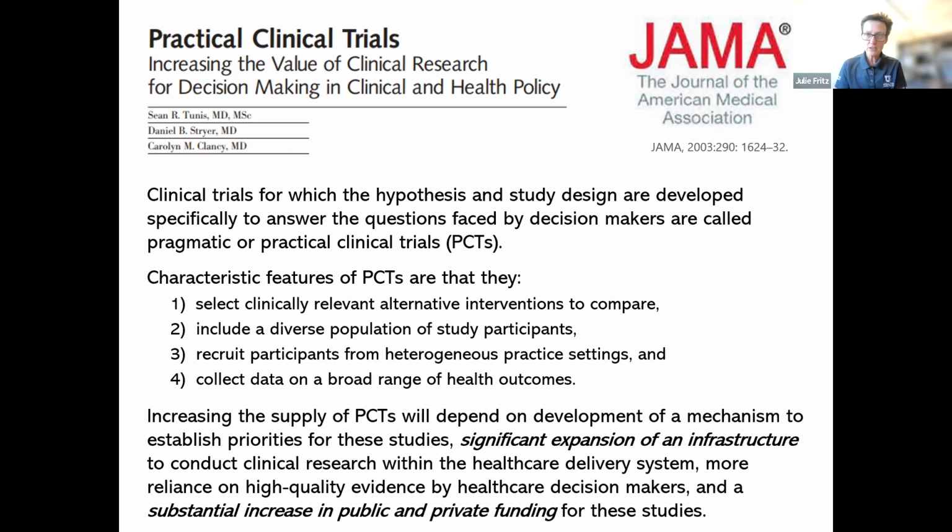And again, you can see the statements here from these authors who were leaders in AHRQ and the FDA on the need to expand pragmatic trials, and that it requires a different type of infrastructure as well as funding in order to make these types of trials a reality.